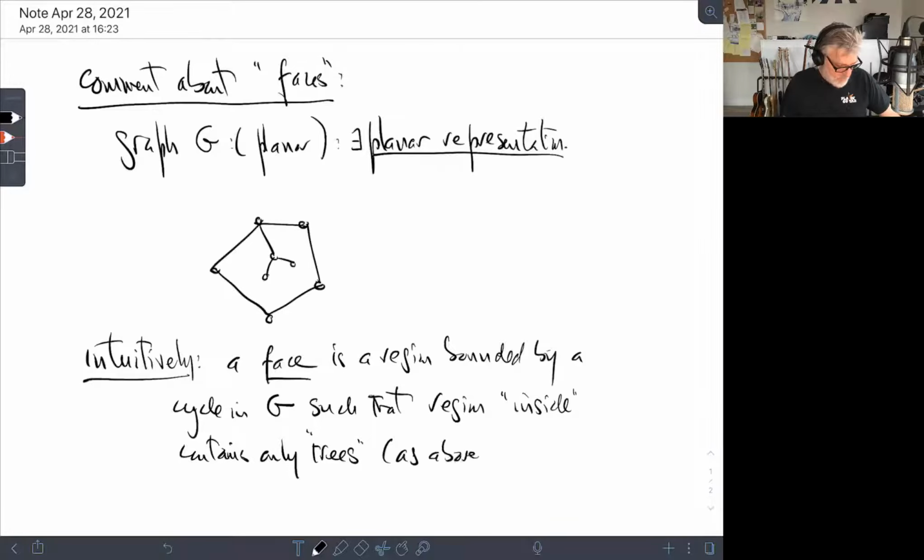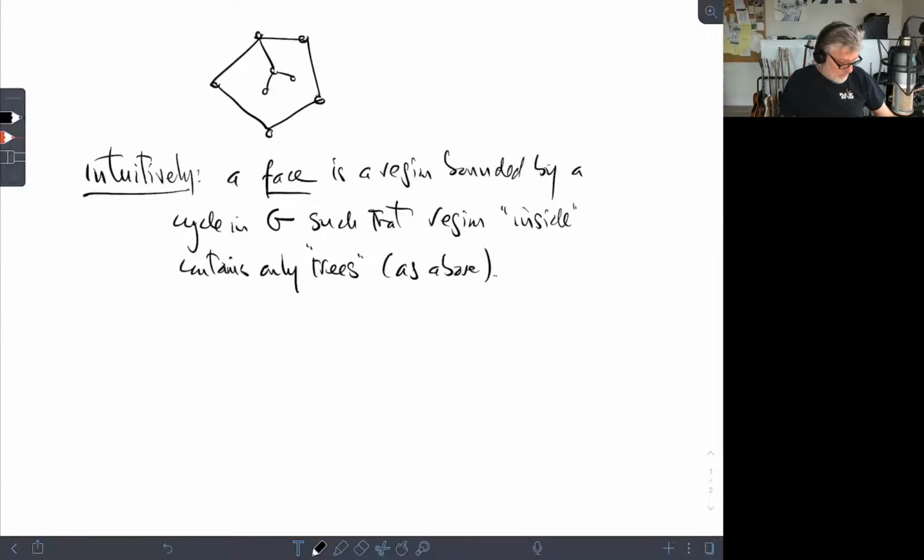And what is disallowed is having a cycle inside the face, but you can't even have a path connecting two vertices inside the face, right? So for example, the following are forbidden.